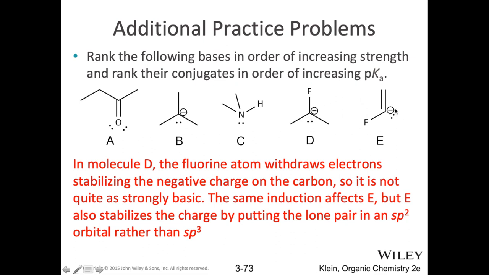By the way, if you're wondering why there aren't any resonance effects, why can't this double bonded carbon take this lone pair towards it? It won't, because you need to take into account the hydrogens on this carbon, and moving these electrons over would violate the octet rule.